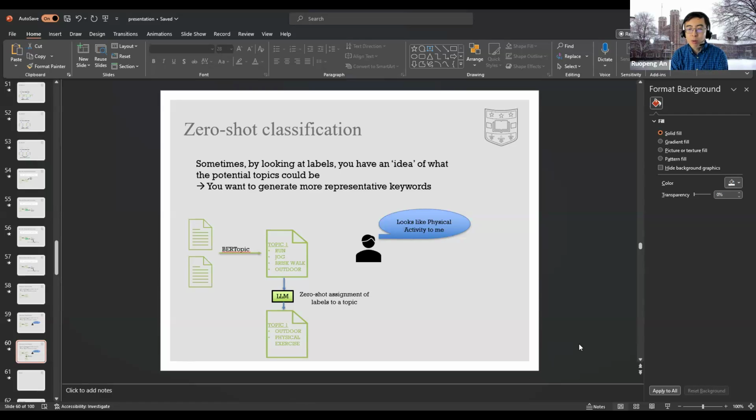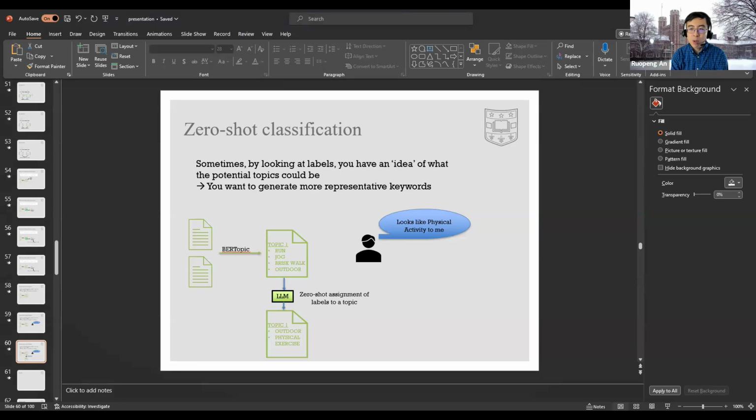In comparison, few shots means that you provide a few examples. For example, here Charles may mention this topic 1 belongs to physical activity, and maybe topic 2, including birthday cake, pizza, Coke, would be diet, right?